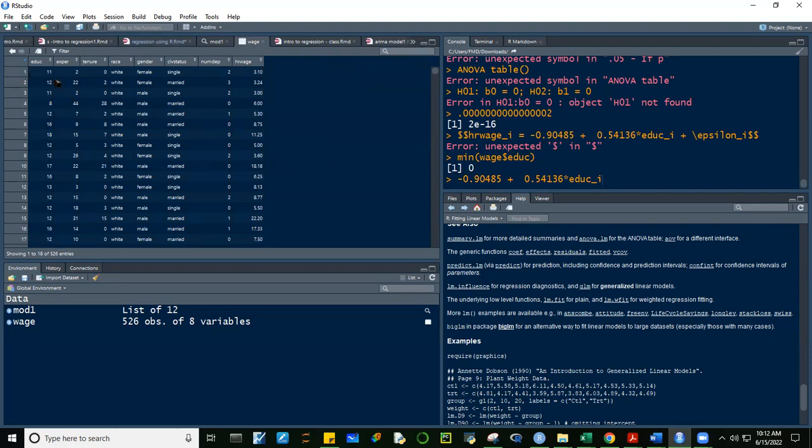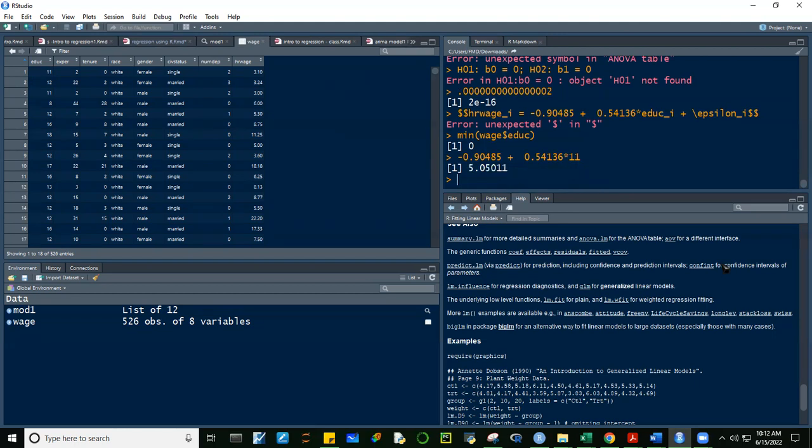So person number 1 has 11 years of education, di ba? Okay, let's predict ano yung magiging hourly wage niya. So if we replace this by 11, kasi 11 years yung ID number 1, person number 1, what will be the hourly wage? So let's see, guys. So the hourly wage is 5.50011, no?